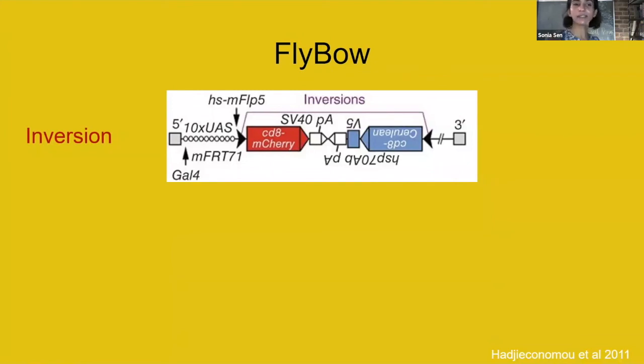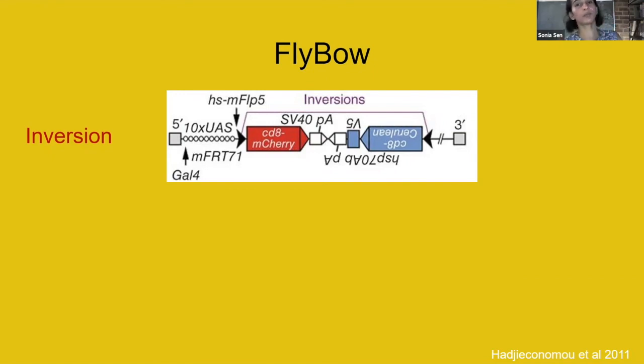So you can imagine that if you came in with the GAL4 and the flipase, an inversion event could occur, so that now some cells may be labeled cerulean. So using this construct, you can get two colors at random, whichever orientation occurs in a cell. So that's only two colors.